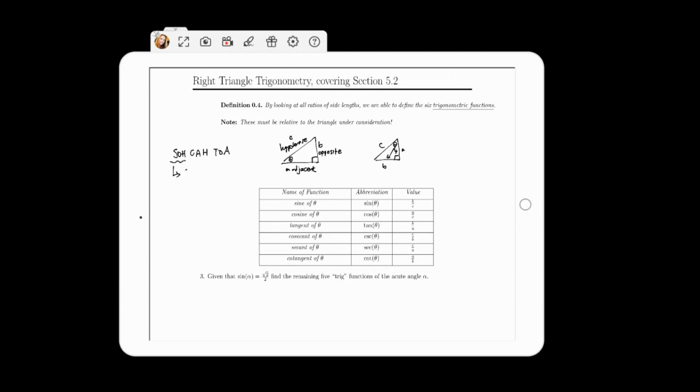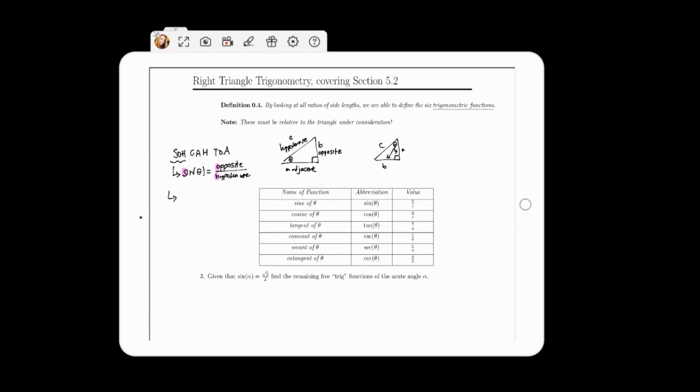This is saying that the sine of theta is equal to the opposite, O, over the hypotenuse, H. So that's what the OH is in this SOH. So sine of any angle is the opposite side over the hypotenuse side.